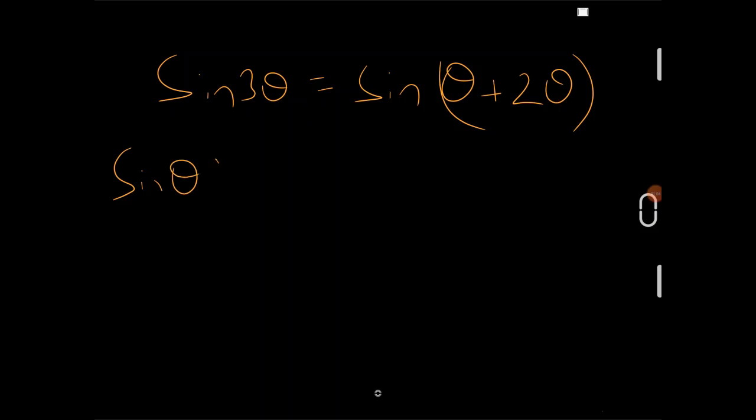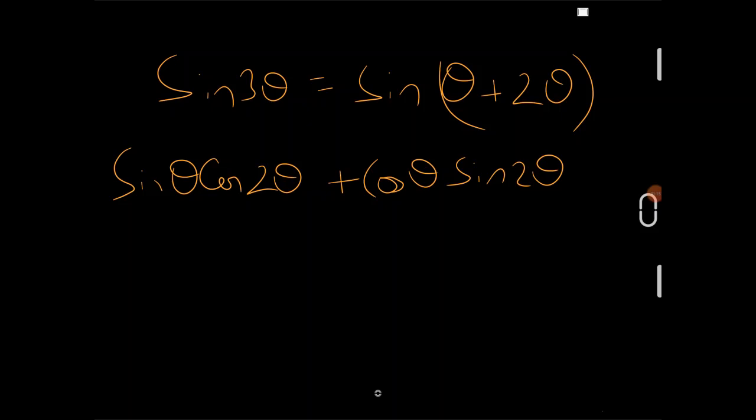Sine A cos B plus cos A sine B. Now just open it up. I need to bring everything in the form of sine. So sine theta is okay. Cos 2 theta, how to bring it in sine? 1 minus 2 sine square theta. So this will be sine theta into 1 minus 2 sine square theta.